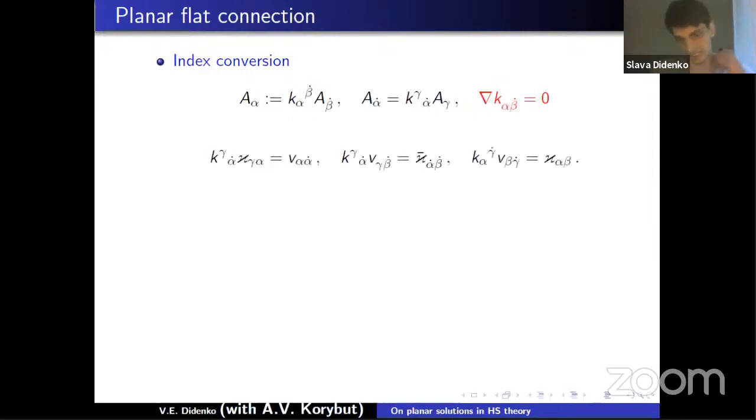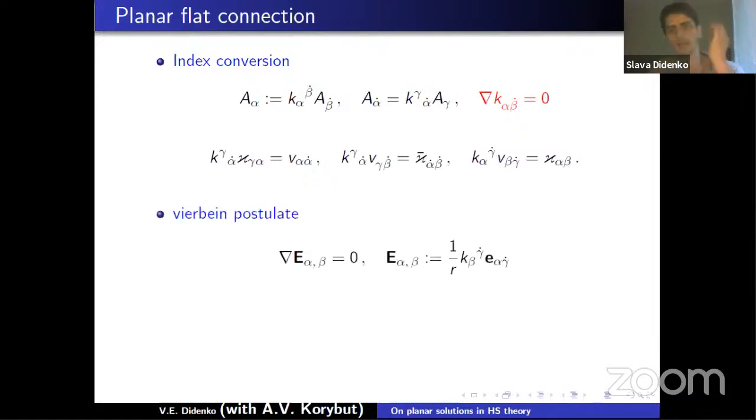Using that property, the planar condition can be rewritten as a statement that these 3 fields that enter the global symmetry parameter, kappa, V and kappa bar, are actually all the same up to index conversion.